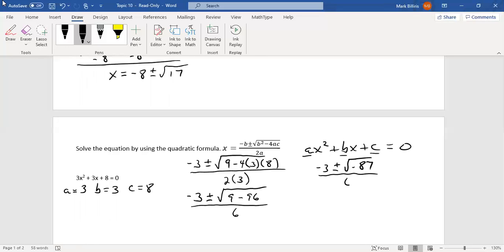Now keep in mind, whenever we're dealing with a set of complex numbers, when we have a negative underneath the radical sign, that's the same thing as having the square root of negative 1 as one of the factors. And remember, that equals i. So to simplify, we have negative 3 plus or minus i square root of 87 over 6.